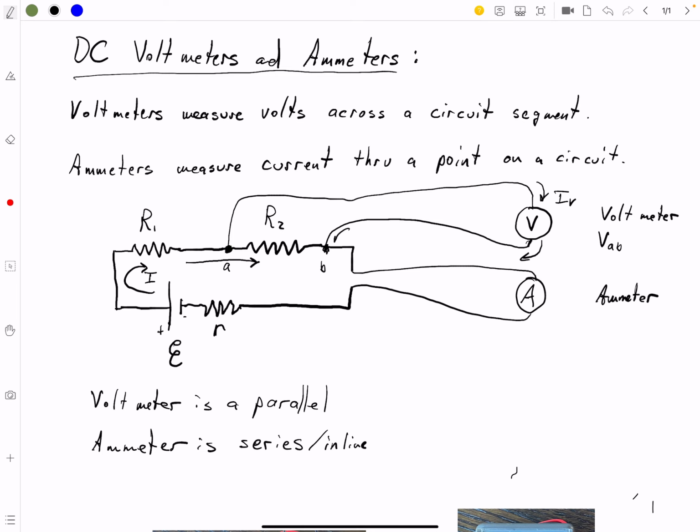So this current is I_V, for voltmeter. This current is I_V. And then that means that the current across the resistor, I_R, or let's call it I_2, is not the same current that was going around in the first place.